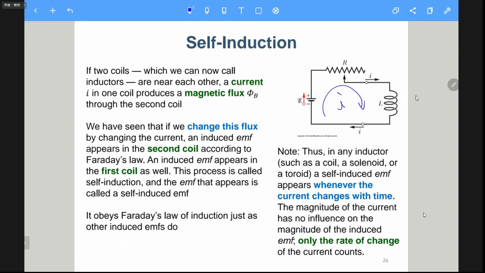If you have a coil with the current going like this, the first coil will generate a magnetic field pointing downward. Using the right hand rule, you can determine this. Your forefinger follows this direction, and then your thumb will be pointing downward. So the first coil will generate a B field pointing downward.